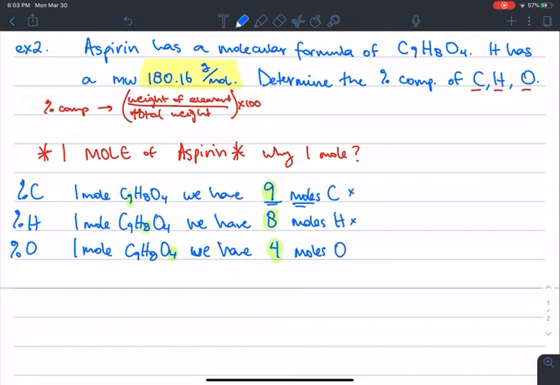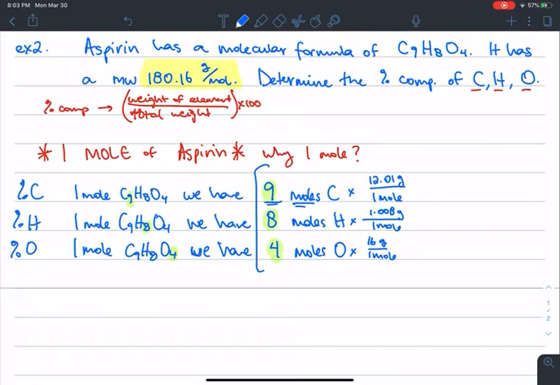Now, I hope you see that we can convert these mole values into grams. So 9 moles of carbon, we know that the molecular weight of carbon is 12.01 grams per 1 mole. For hydrogen it is 1.008 grams per 1 mole. And for oxygen it is 16 grams per 1 mole. Right?